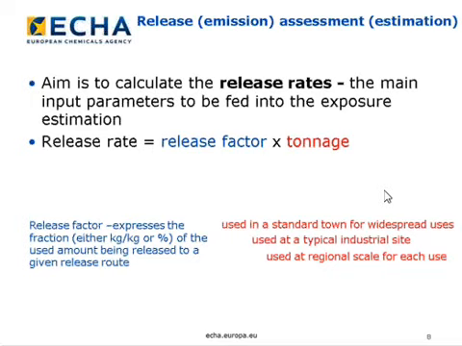In principle, release factors are just a fraction of the used amount being released via some specific route of exposure, and tonnage is a different type of tonnage which could be used for this release rate, depending on whether it's a local scale, a regional scale, a widespread use or an industrial use. There are some rules, which I will talk about a bit later, but in principle, the release rates are based on release factors and tonnages.